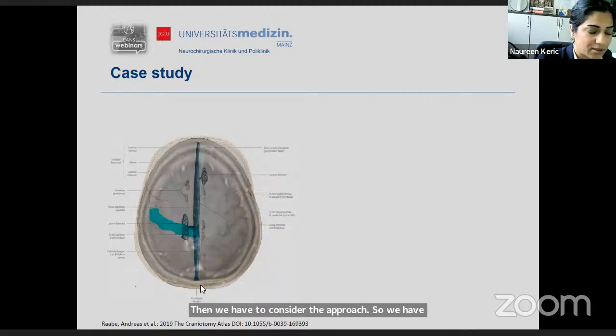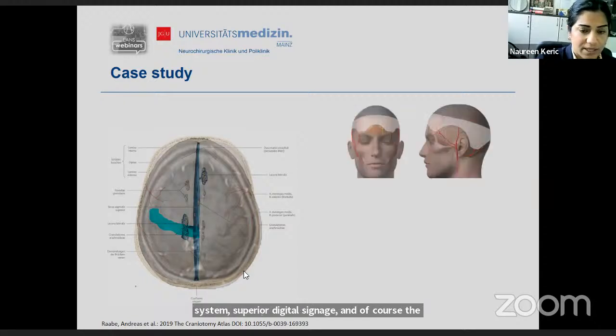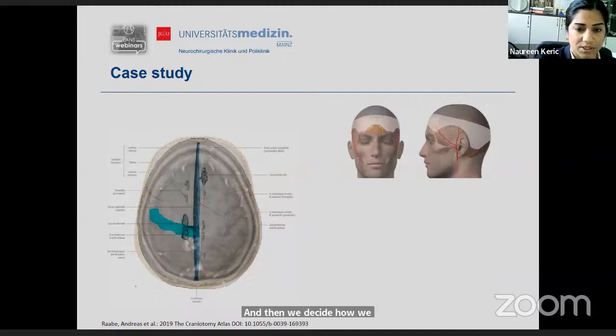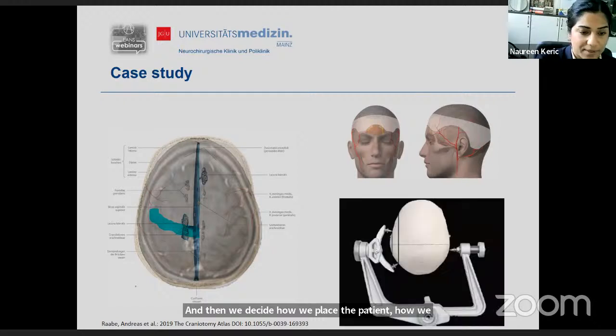So we have a midline approach with consideration of the venous system, the superior sagittal sinus, and of course the veins. And then we decide how we position the patient and how we position the Mayfield clamp. We also always try to make it at a right-angle shape, and this is how we did it in this case.